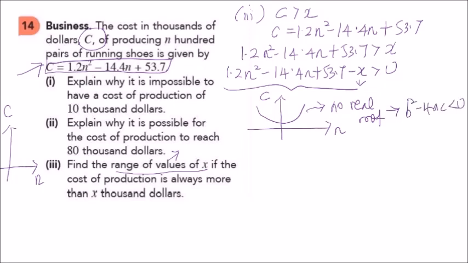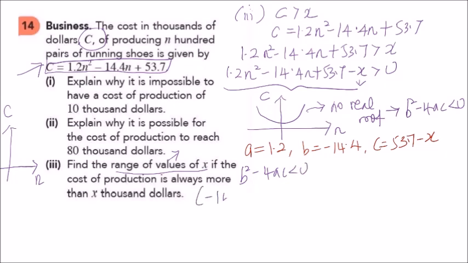Okay, so the first thing is to write down the coefficients: the coefficient of n squared is 1.2, the coefficient of n is negative 14.4, and the remaining is just a constant. So we're going to substitute into b squared minus 4ac less than 0, and then we see what happens.